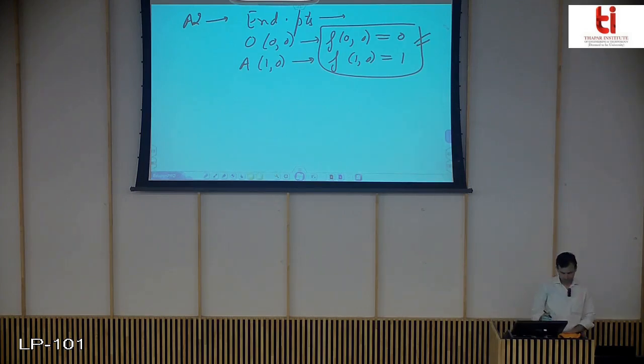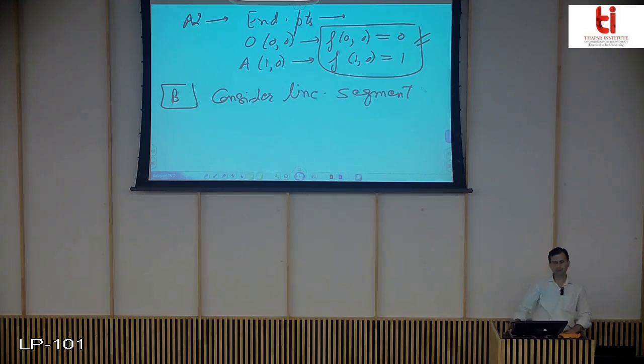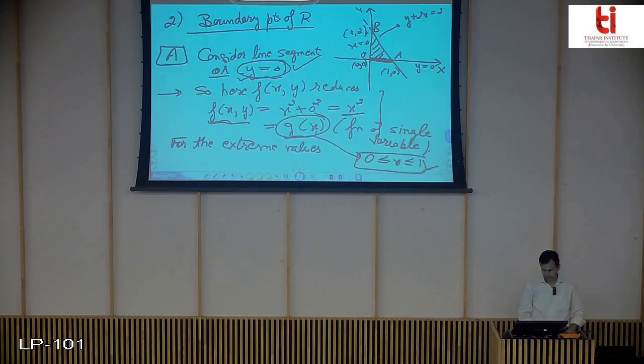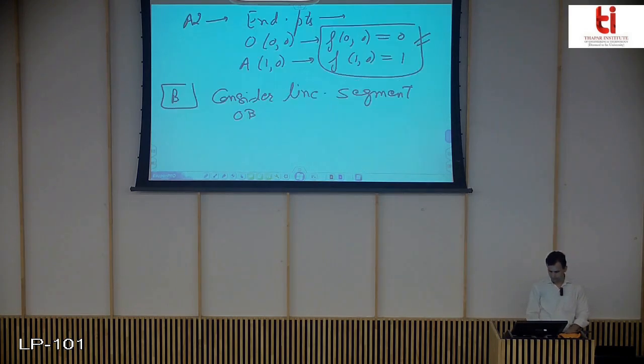Now we are done with one line segment OA. We consider another line segment, your OB. Here it is, the line segment OB, and the equation of line segment OB is x equals 0.